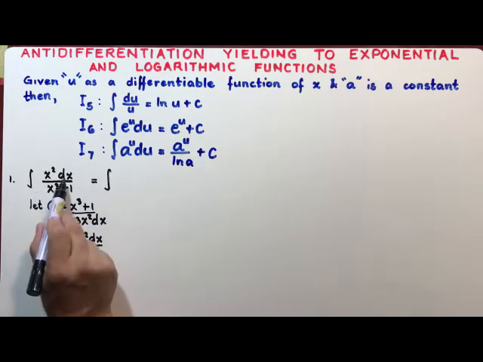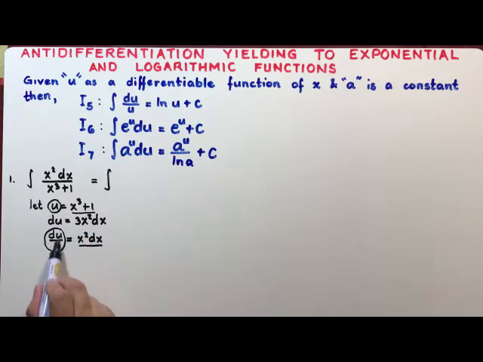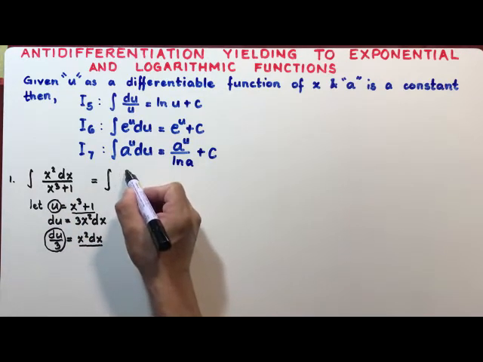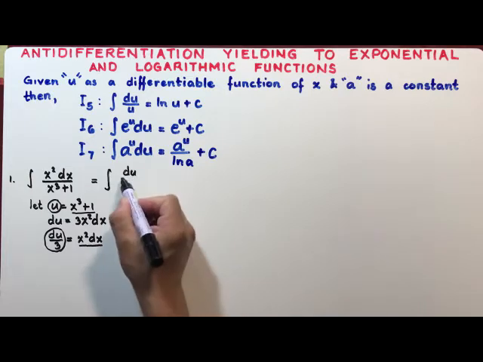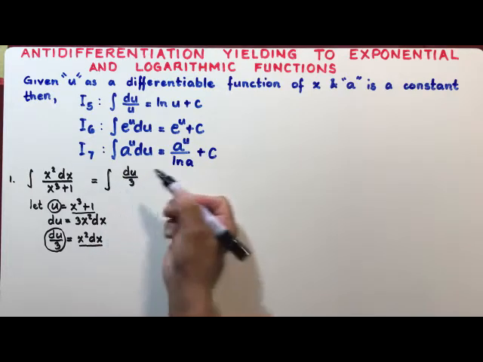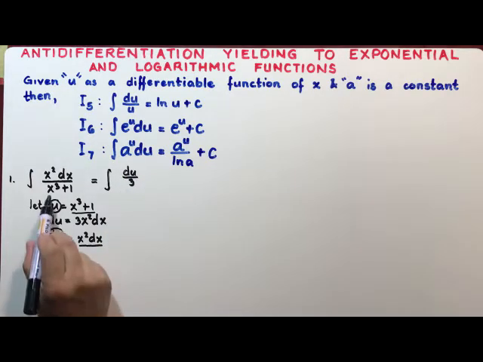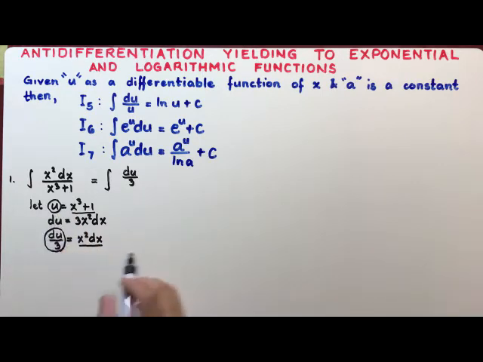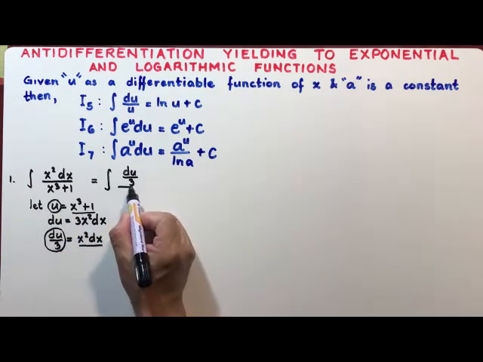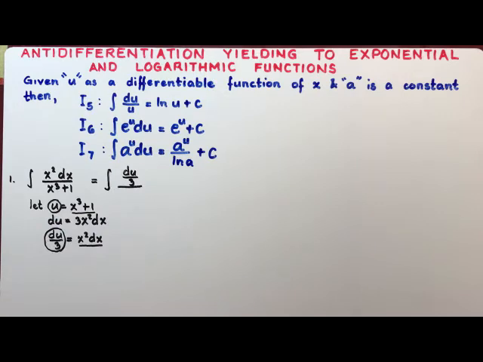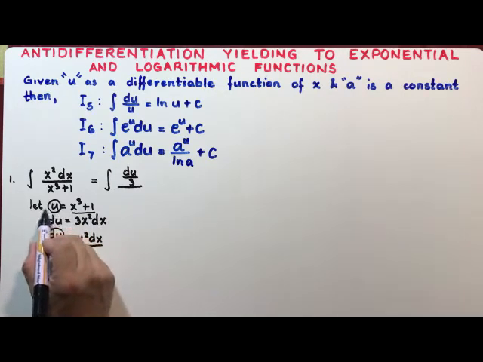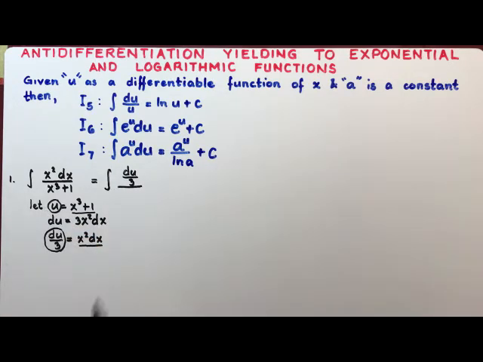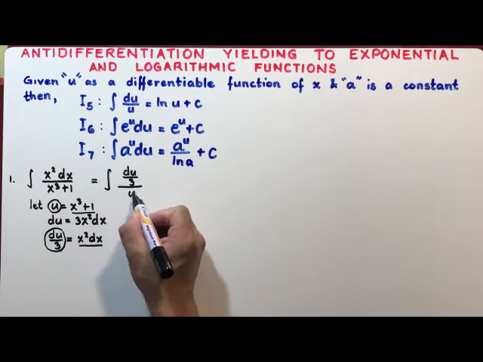Instead of writing x squared dx, I will write du over 3. And the denominator, I realize that this is my u. So instead of writing x cubed plus 1, I will write its equivalent expression, which is u.